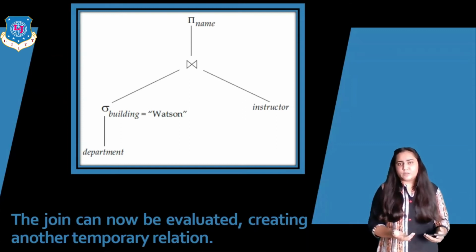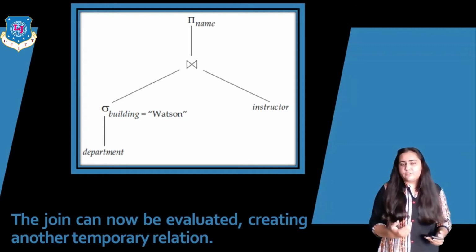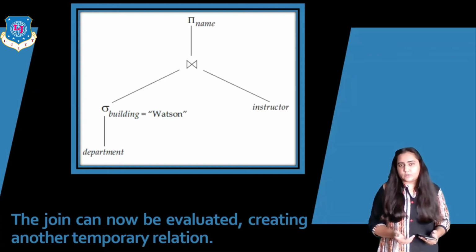It is temporary because once the whole process of evaluation of the query is over, those relations will be removed from the memory. Whereas relations like department and instructor will still persist in my database even after my query has finished executing.